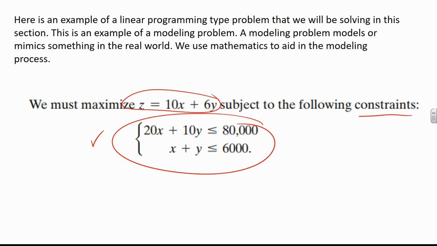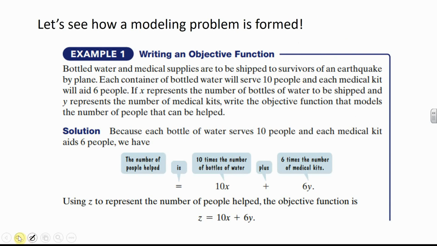What's the biggest value for Z on the constraints? No problem. Let's look at where this problem actually came from.